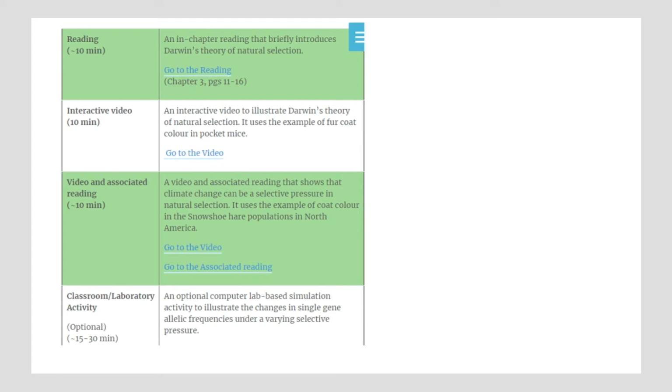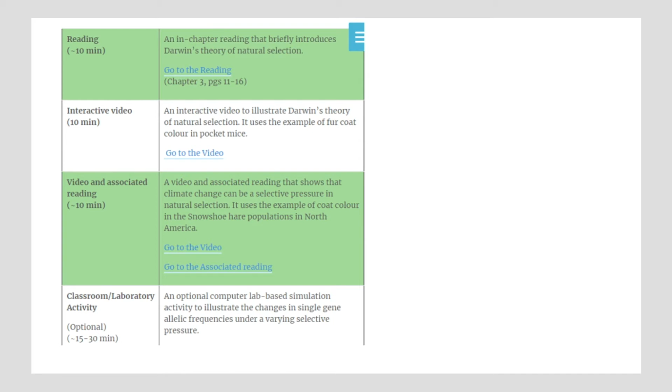This lesson plan includes a reading, which is a chapter reading that briefly introduces Darwin's theory of natural selection, an interactive video to illustrate Darwin's theory of natural selection that uses the example of fur coat color in pocket mice. It also contains a video and an associated reading that shows that climate change can be a selective pressure in natural selection.